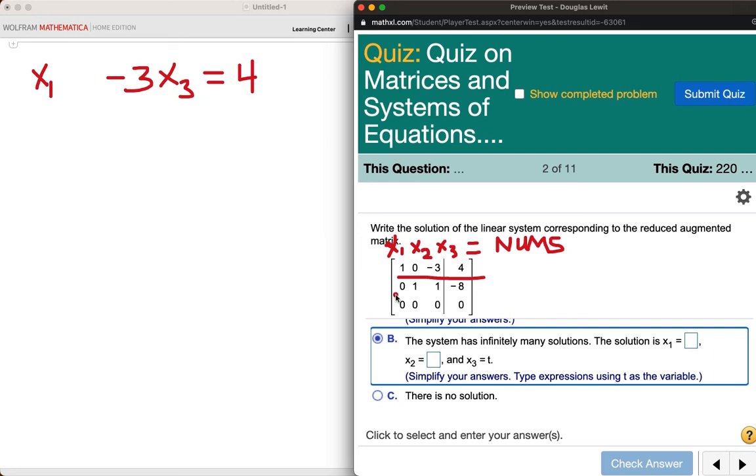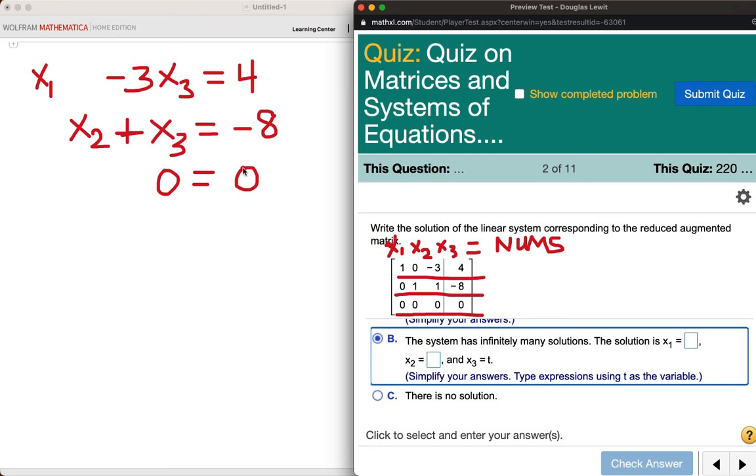Then I go to the next equation and I see x2, there's no x1 because of that 0, x2 plus x3 is equal to -8. Then I just see a row of zeros, which is 0 equals 0. That's always going to be true. Any number is always equal to itself, right? That's not rocket science, okay?